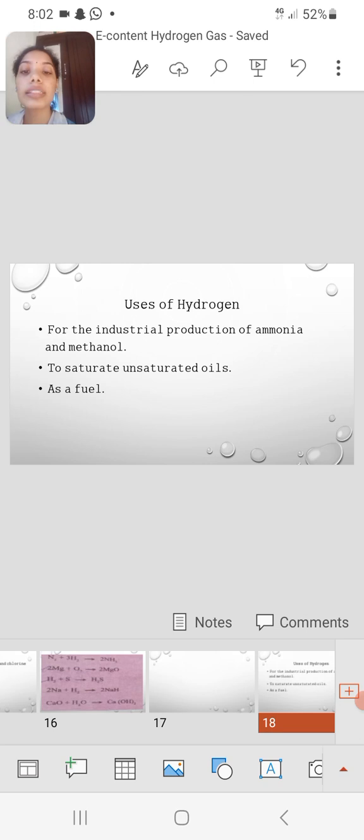Hydrogen is also used to saturate unsaturated oils. Then hydrogen is used as a fuel.